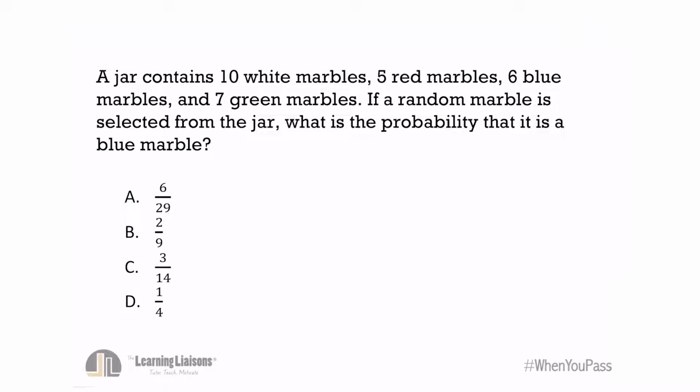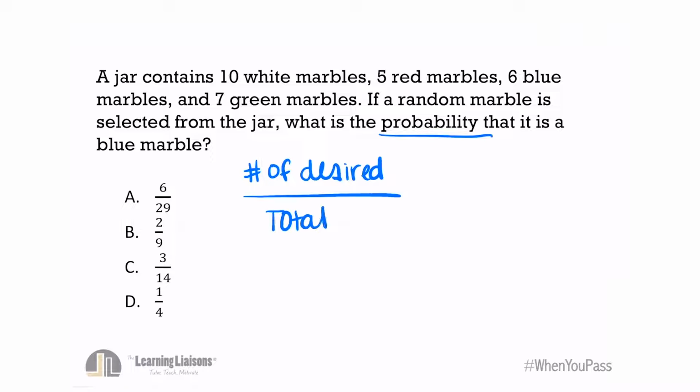When we're looking at probability, we're looking at the number of desired divided by the total possible. So that means that we need to figure out the total possible choices from this jar, and then we need to look at what we want. What is the desired?